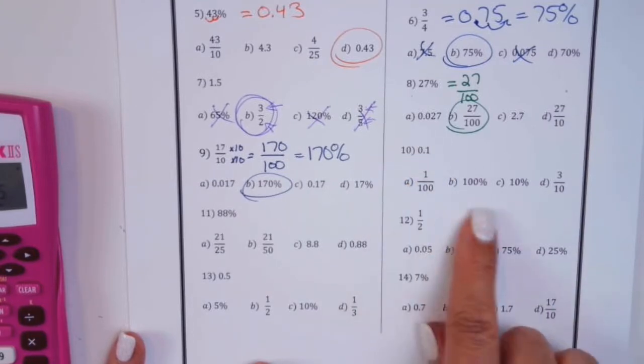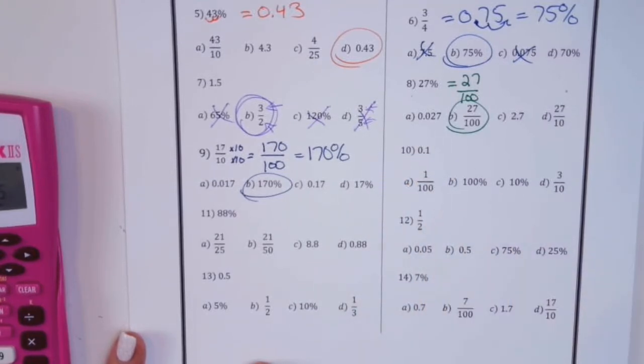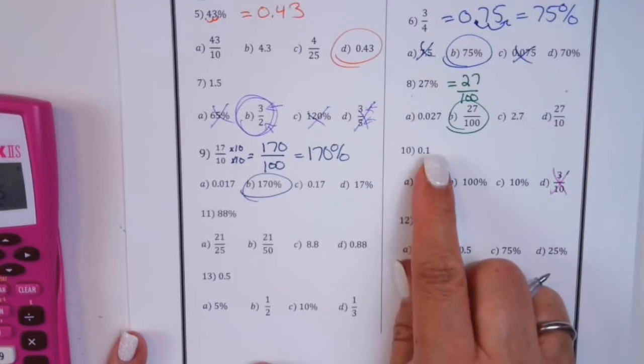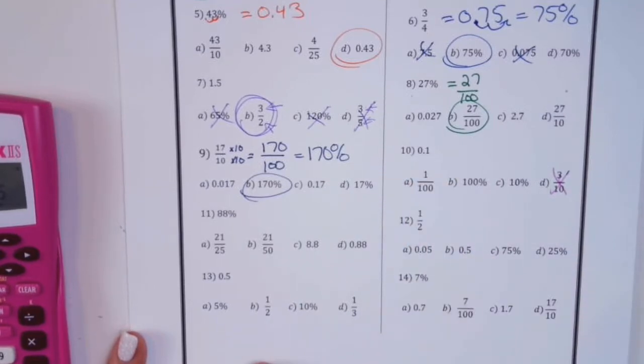Okay, next, 0.1. It can't be 3 over 10 because we have the 1. There's no way.